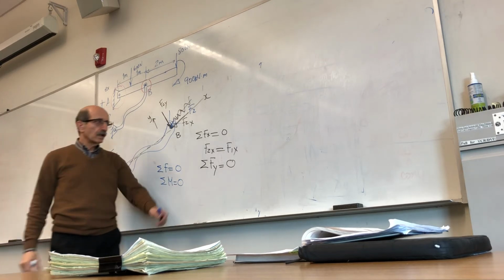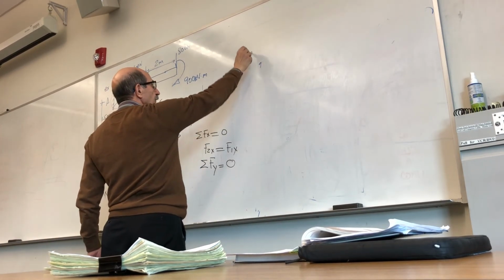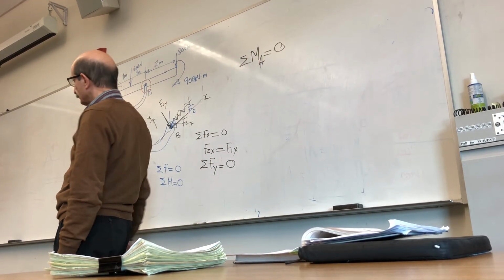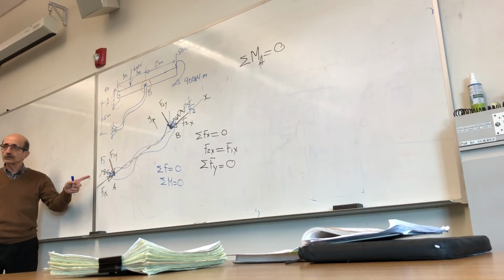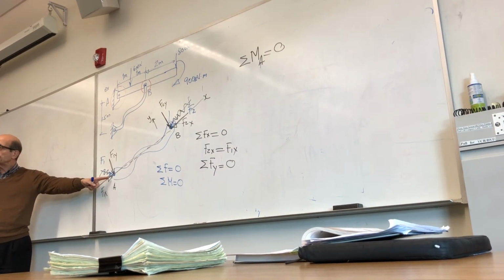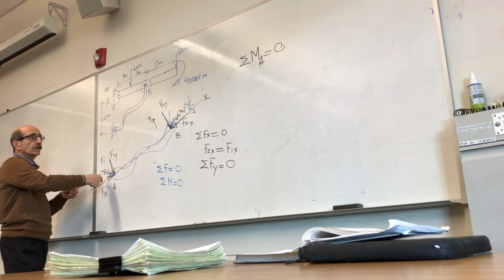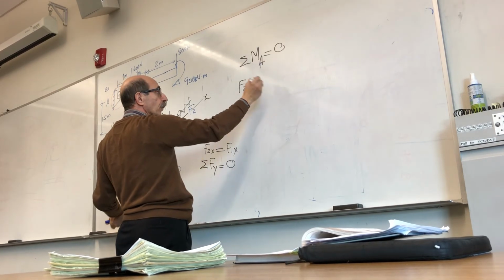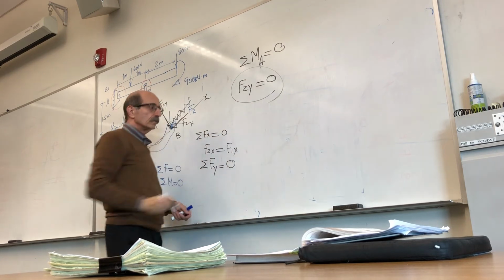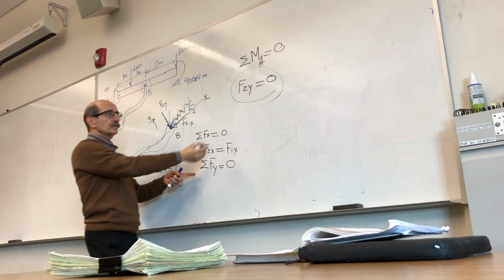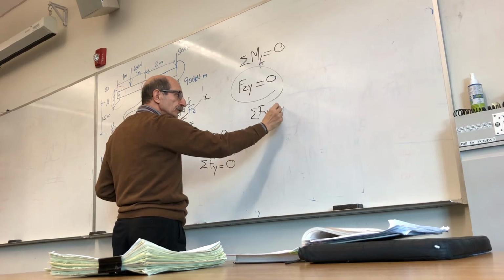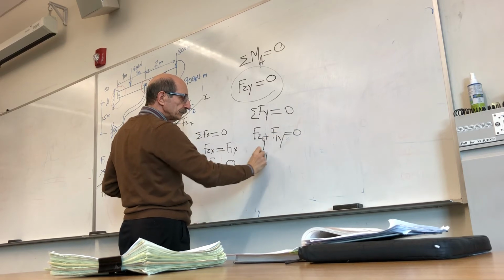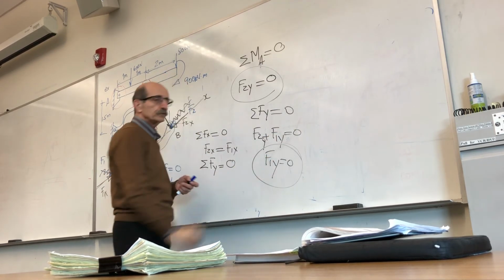Before I do that, I will actually write summation of moments at A is equal to 0. That's the third equation of equilibrium that I have. If I take summation of moments at A equal to 0, what happens? This goes through A, so I only have one force. F2y times this distance is 0, so F2y has to be 0, right? Since summation of y forces is 0 and F2y plus F1y is 0, that means F1y is also 0.